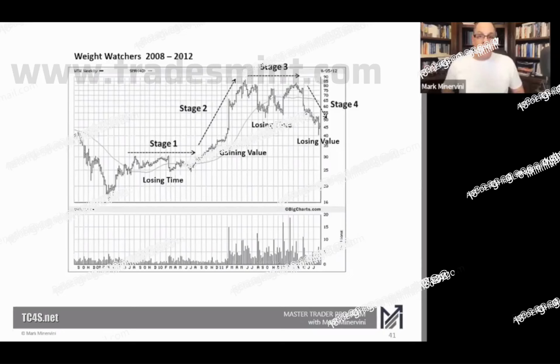So my question is, knowing that there's a 98% chance of being in a big winner if you're in the stage 2 uptrend, above the 200-day moving average, the 200-day in an uptrend, and a 2% probability of having the big winner if you're not, which club would you like to be in? You want to be in the 98% club, or you want to be in the 2% club? This is not an opinion, this is fact that we're presenting.